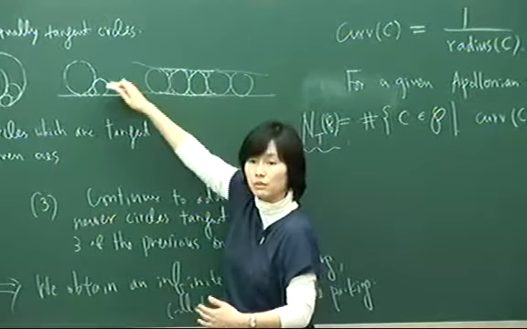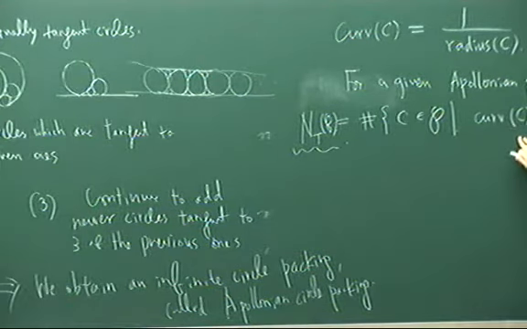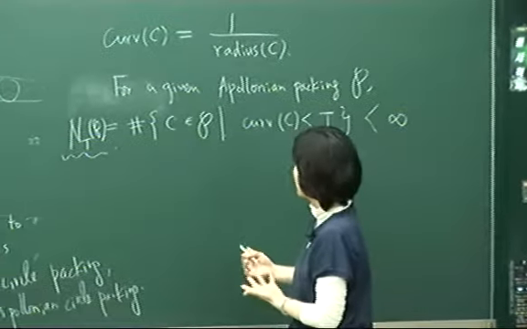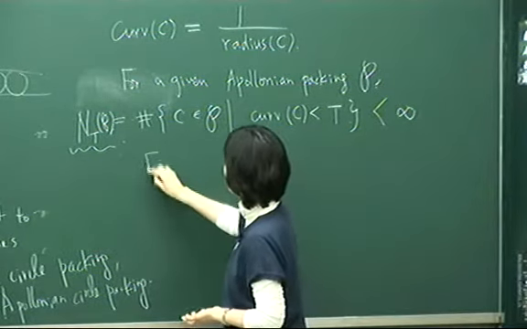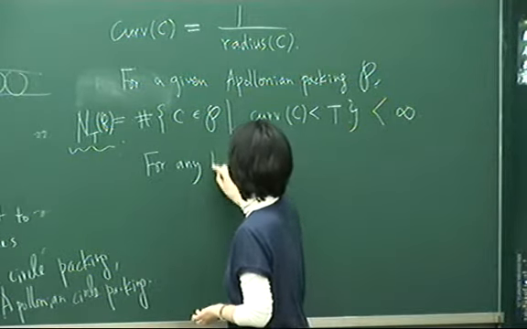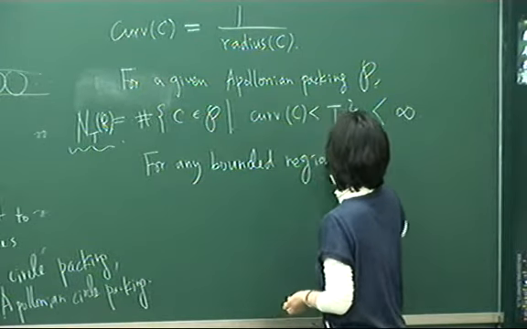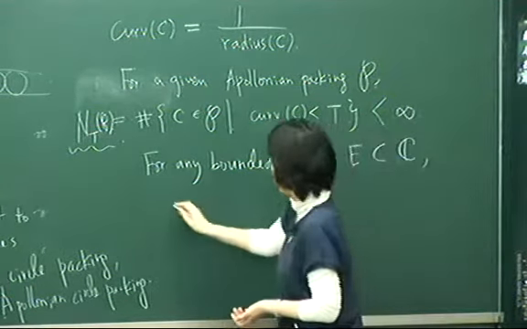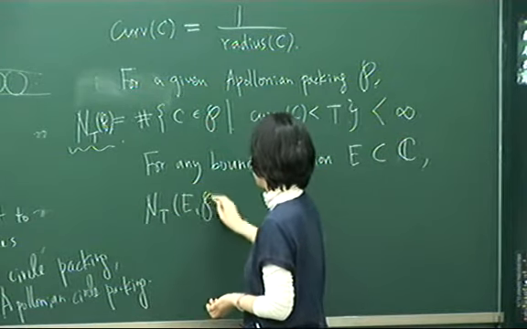Then you will have infinitely many circles of the same size. Then this function will be infinite, because there will be infinitely many circles of the same curvature, as you see from this picture. And so therefore, instead of looking at this function, we can modify it so that for any bounded region E in the complex plane, you can look at N_T(E, P).